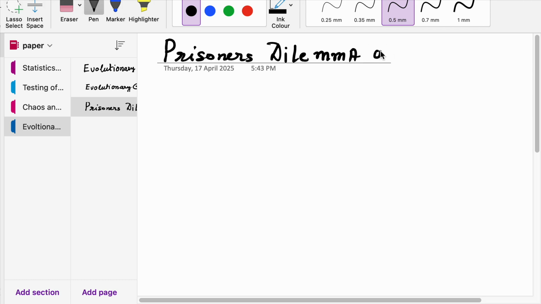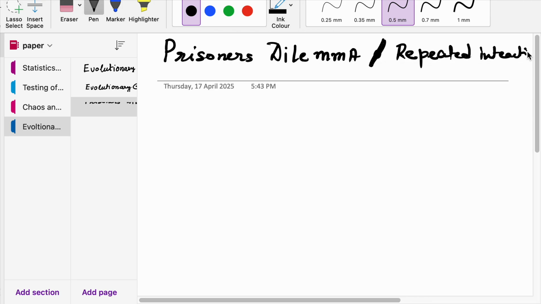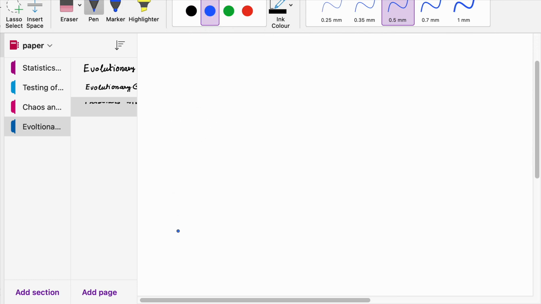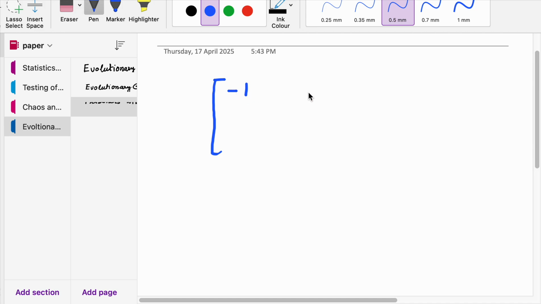In this class we will see repeated interaction. Let me first introduce, as we are all familiar with this dilemma, but again for the sake of completeness of the class, let me reintroduce the concept of the famous prisoner's dilemma.